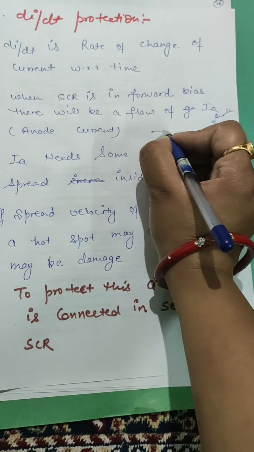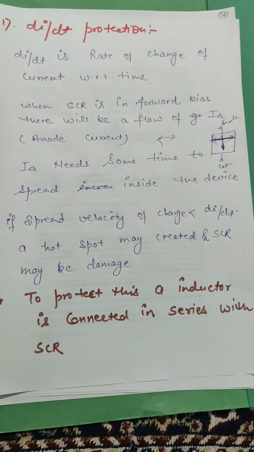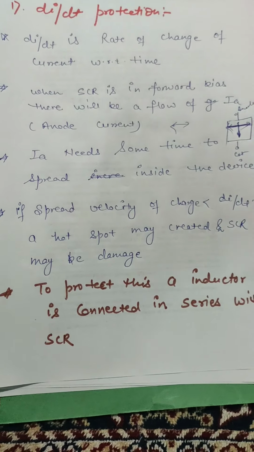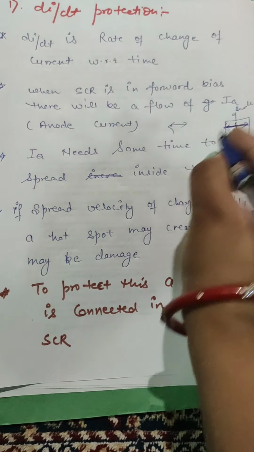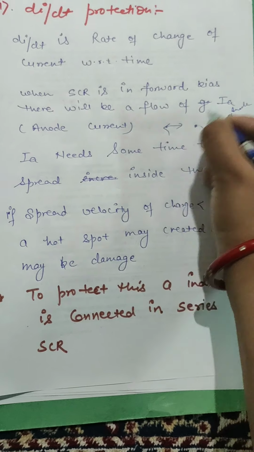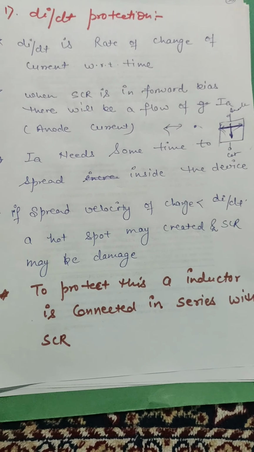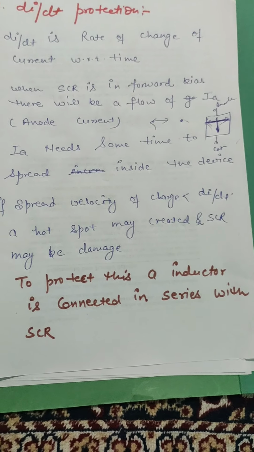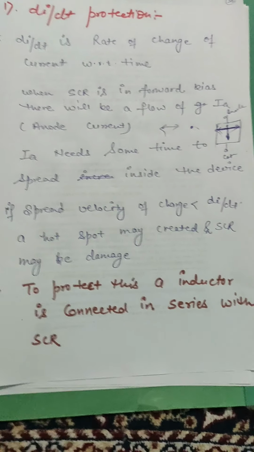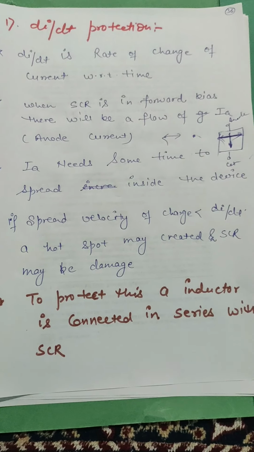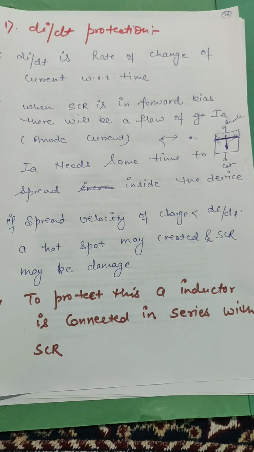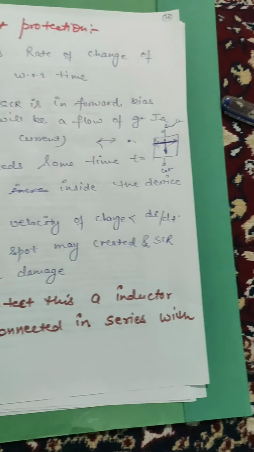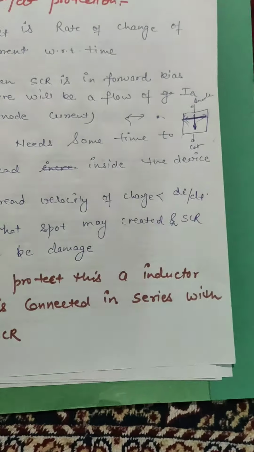If the spread velocity of charge is less than di by dt, a hot spot may be created. Hot spot is basically a spot with a high temperature. A hot spot may be created, so SCR may be damaged. To protect from this di by dt, an inductor is connected in series with SCR. I can show you that.